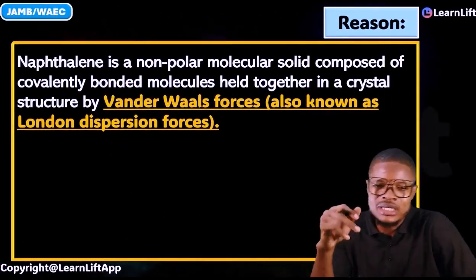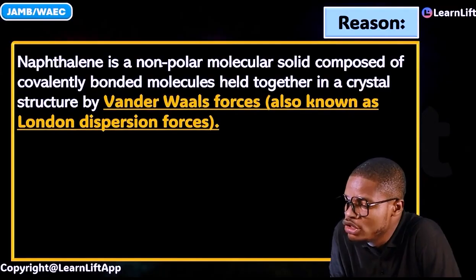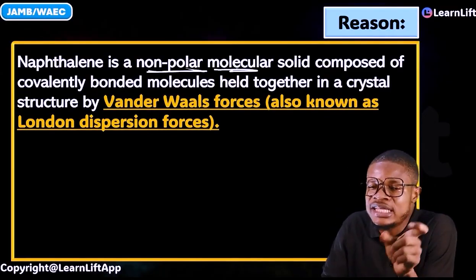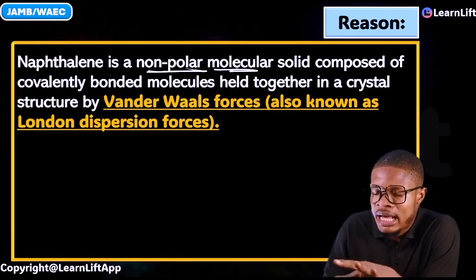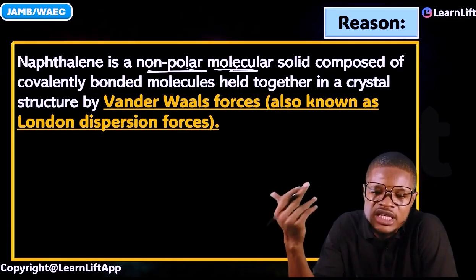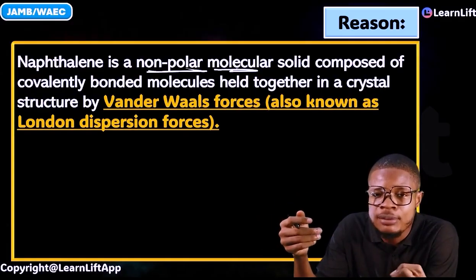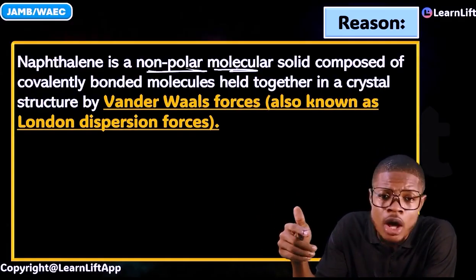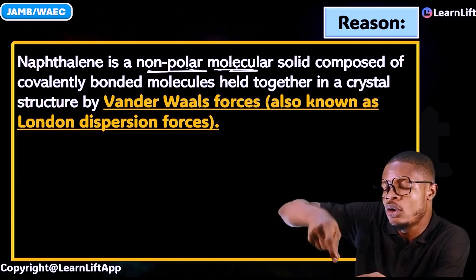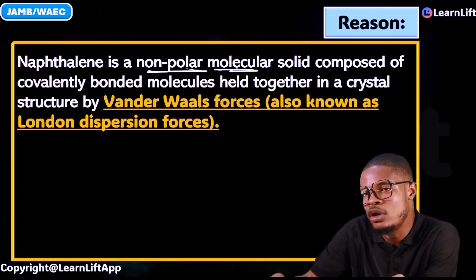First, you must understand that naphthalene is a non-polar molecule. If something is non-polar, will it have a covalent bond or an ionic bond? Of course, it's going to have a covalent bond, because covalent bonds operate in substances that are non-polar.